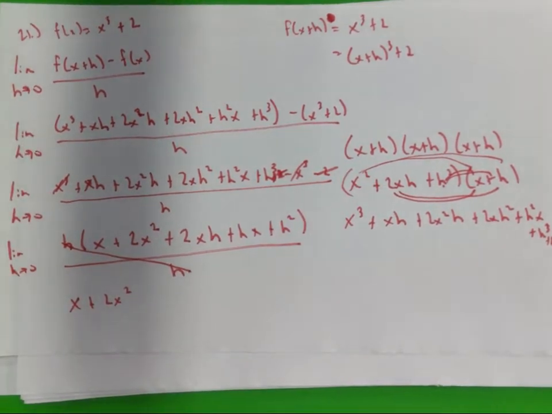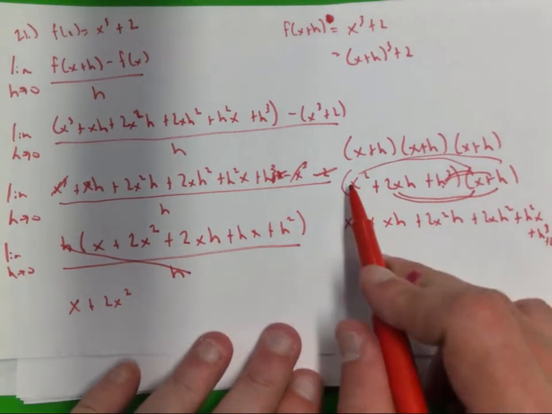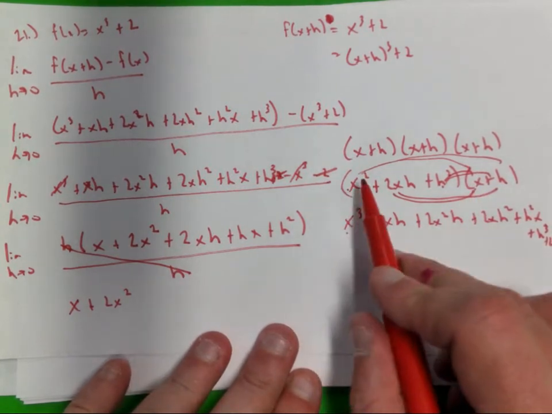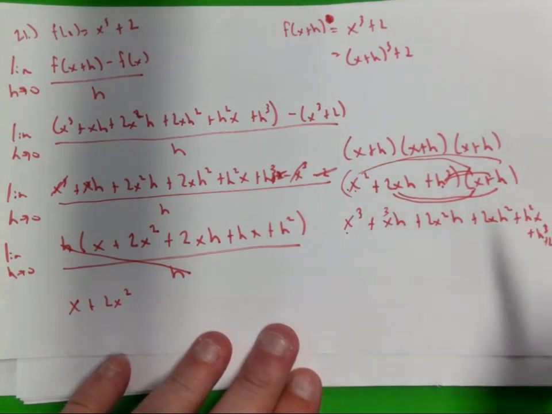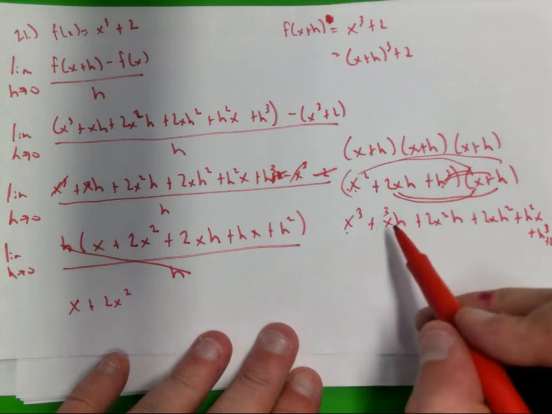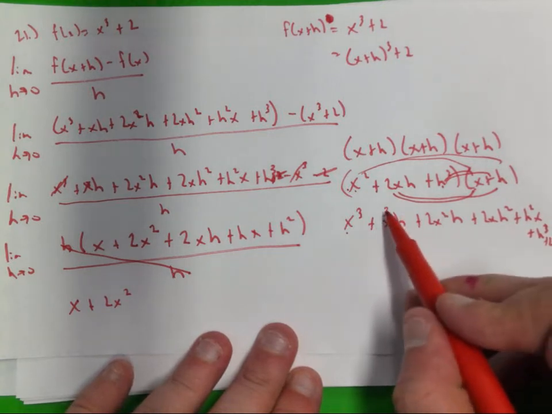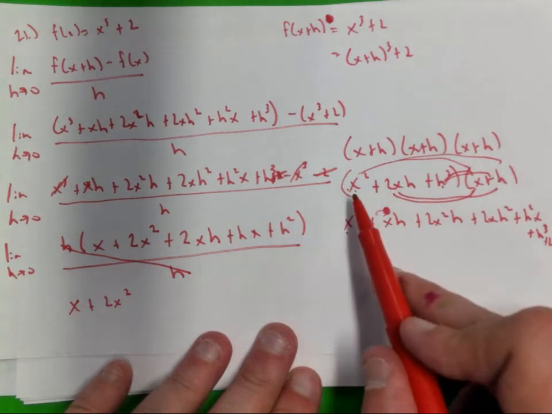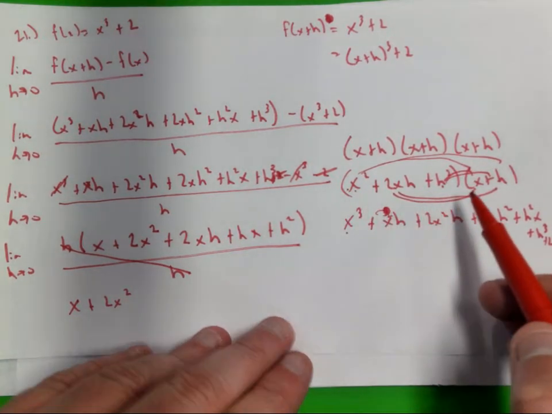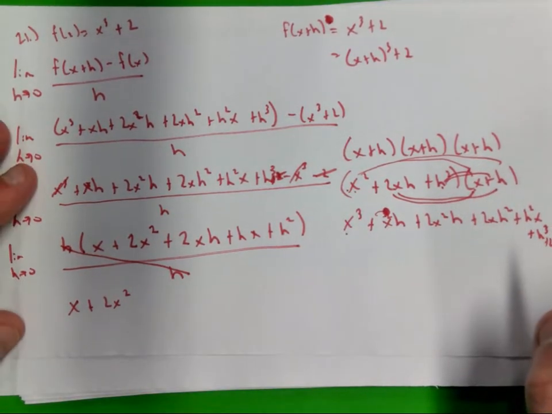Hold on. Oh, Miss Chester made a mistake over here. X squared times x is x cubed. X squared times h is x squared h.